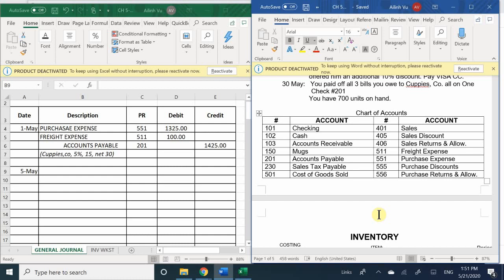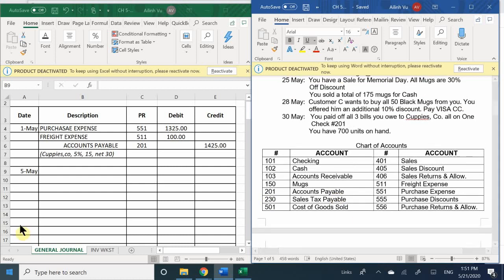If purchases is a debit balance and purchase returns is a contra account, it's a credit balance. That's correct. So we established that it's a credit balance.